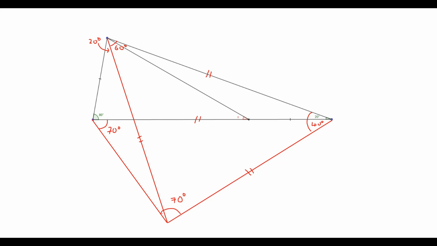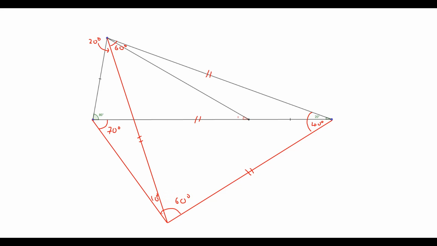But remember, I also know this is 60 from the equilateral triangle I built. So I'm just going to make this 60, and this is 10, because I can see the whole thing here is equal to 70.